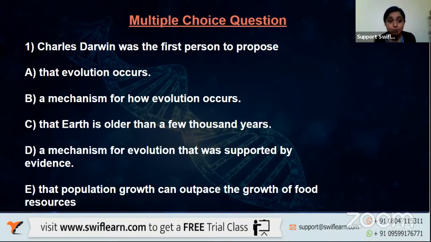Second option, a mechanism for how evolution occurs, or that the earth is older than a few thousand years. D, a mechanism for evolution that was supported by evidence, or E, that population growth can outpace the growth of food resources. So, what was it? Again, I'm reading the question. Charles Darwin was the first person to propose.